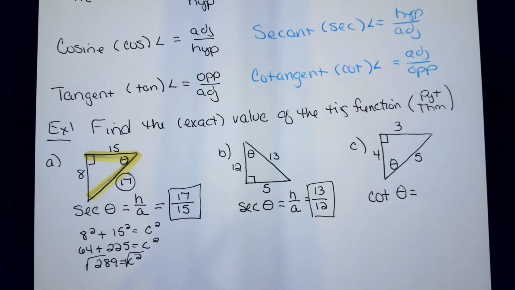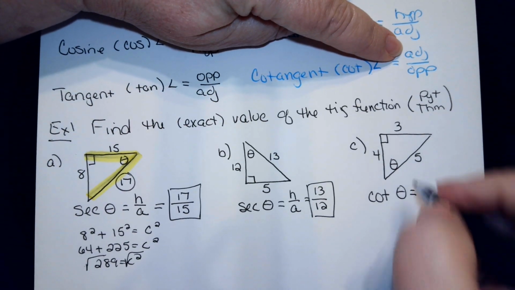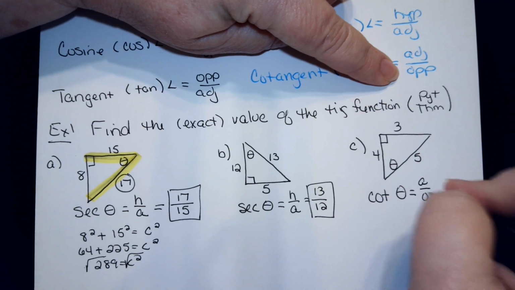Alright, so once again, I'm going to give you all three sides. So I'll give you a few seconds to copy this down, and then we'll find the cotangent. Alright, so the cotangent we know is the adjacent over the opposite.